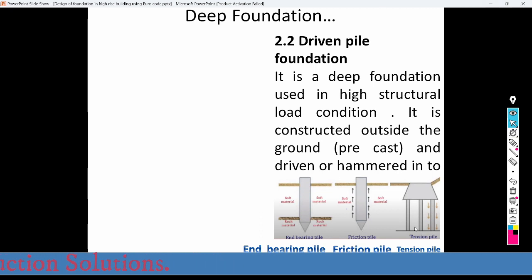If the majority parts of the columnar load coming from the superstructure is resisted by the side friction, but the direction is downward, that means parallel to the direction of the columnar load, the pile will be called the tension pile.